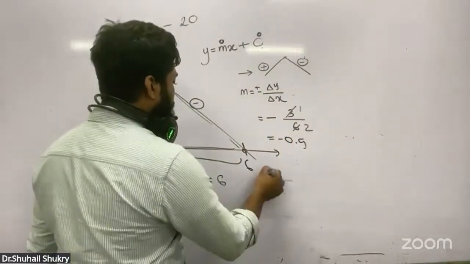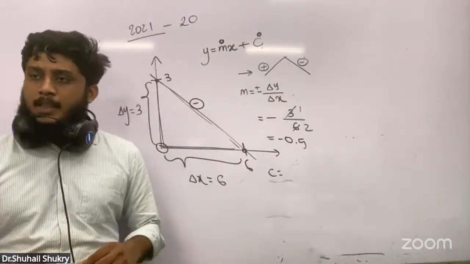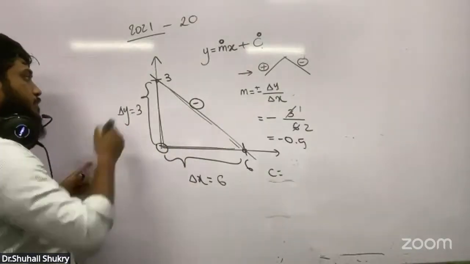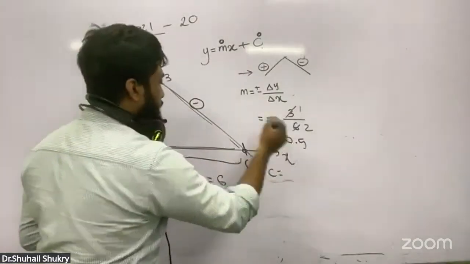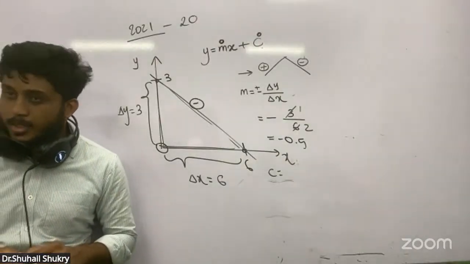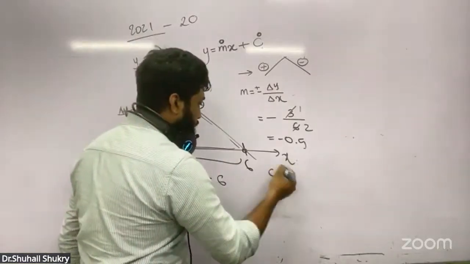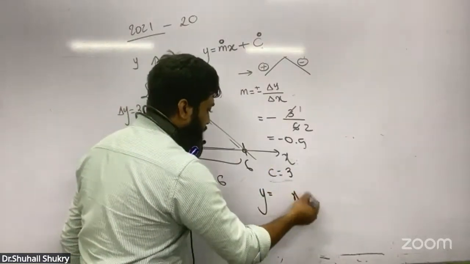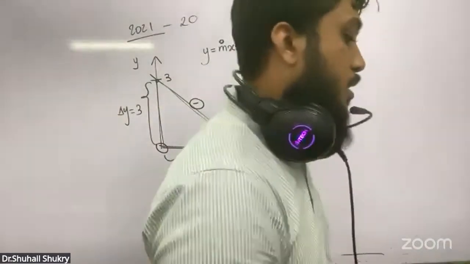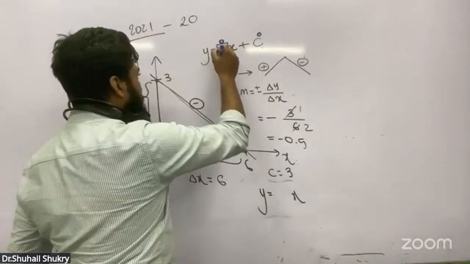I want to get the value for c also. What is c? C means intercept. What is intercept? The place where it's crossing the y-axis. This is y, this is x. So the place where it's crossing the y-axis is 3, so c is 3. Now I can write the equation. Always y and x will be in the equation. The new things are the m value and the c value.